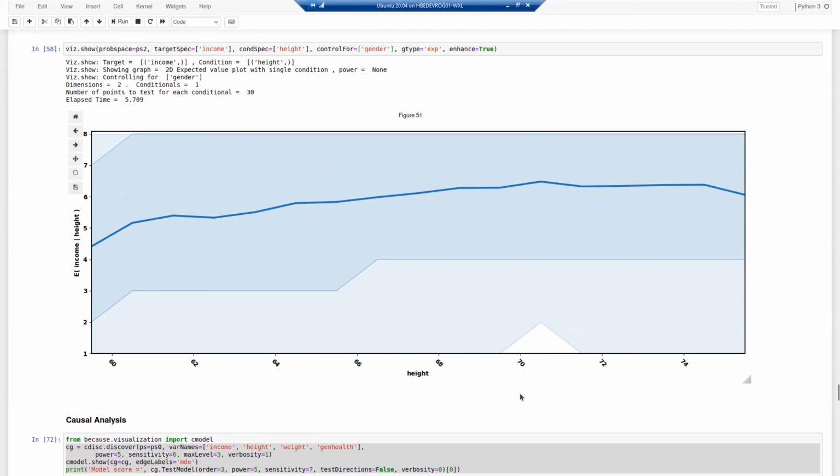It's true for males, it's true for females, it's true for both together, and it's true when we condition on any other set of variables that are in this data set. So it could mean that there are variables outside of this data set that are causing it, or it could be that there's an actual impact of height.